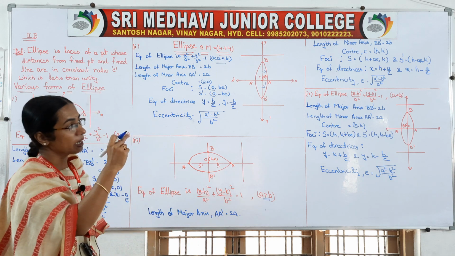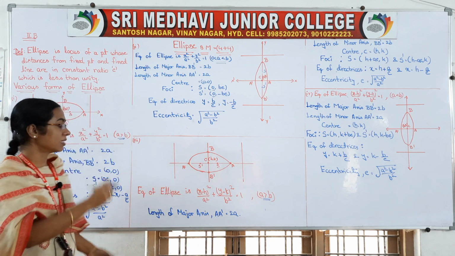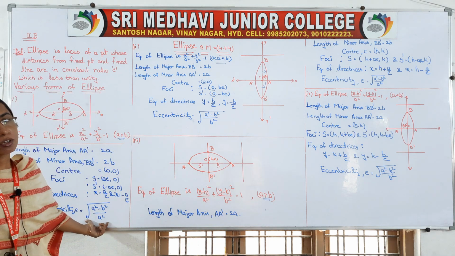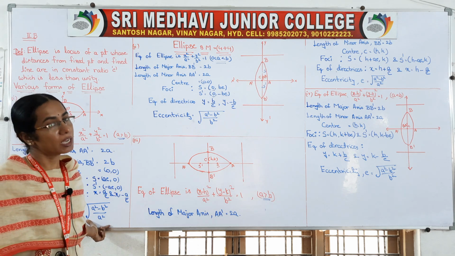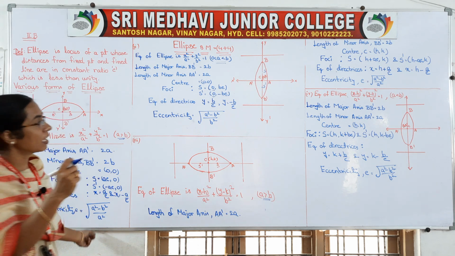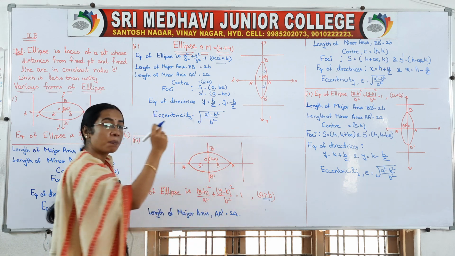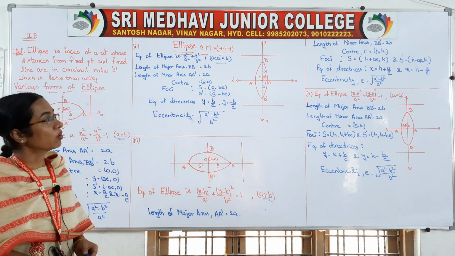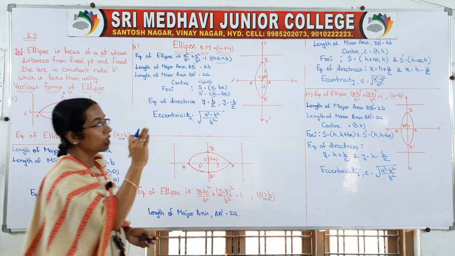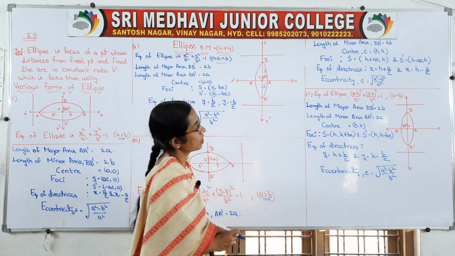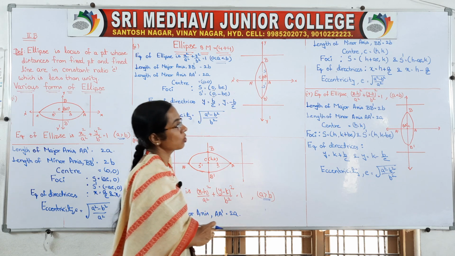Whenever a is greater than b, eccentricity is root of a square minus b square by a square. If a is less than b, eccentricity will be root of a square minus b square by b square.